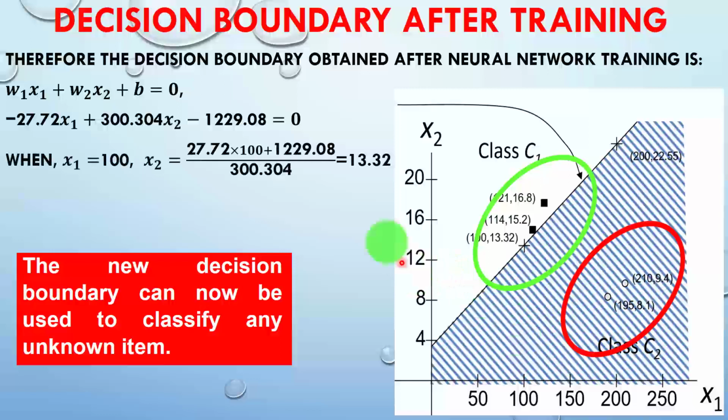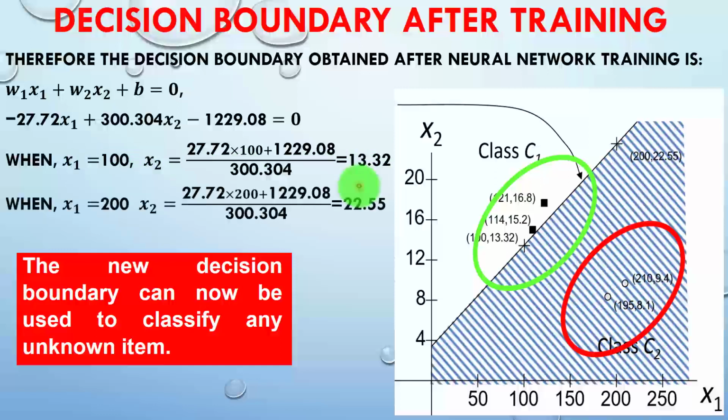So these are the values. We just plug in the values which we got with the weights. This is for the bias, this is the bias, x1, x2. Let's substitute x1 as 100 and we get x2, and substitute x1 as 200 and we get x2.